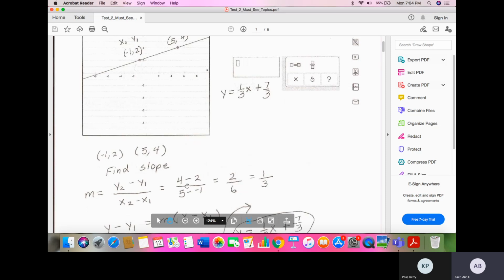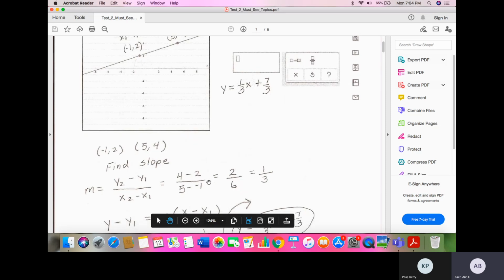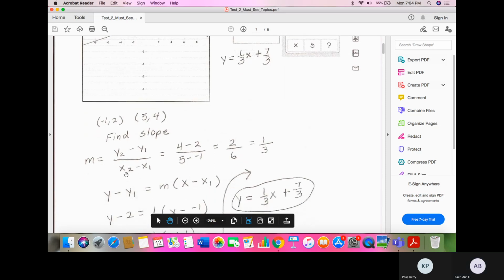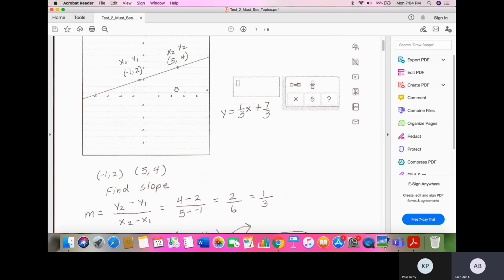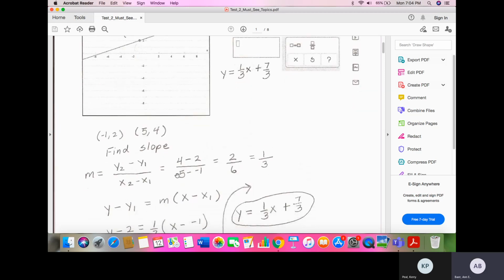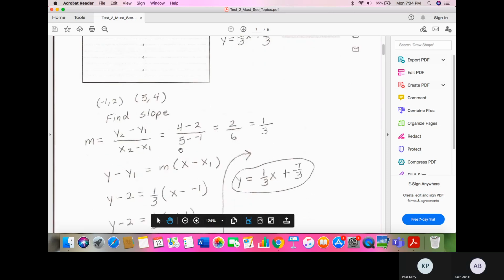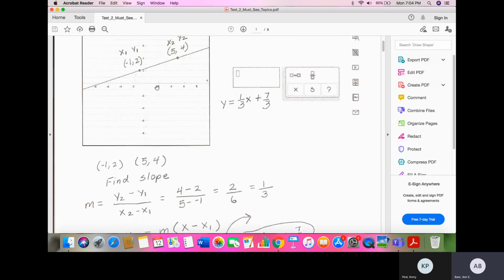So we have 4 minus 2 in the numerator here, divided by x sub 2. So x sub 2 is 5. So I put that 5 in for x sub 2. So it ends up right here in the denominator. And then we have minus x sub 1 going back up here.